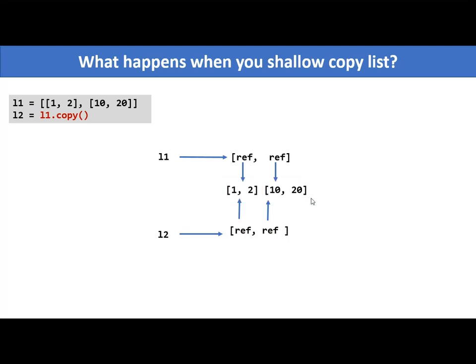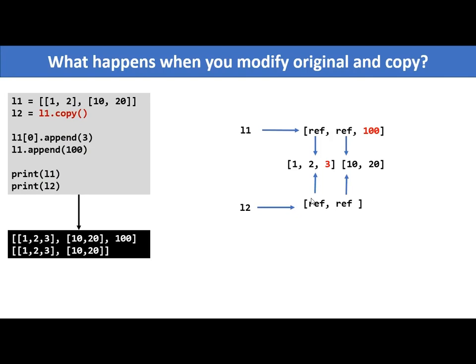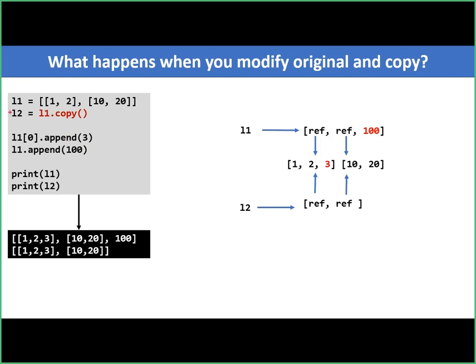When you make a change after making a shallow copy, if you are making changes to L1, the first one, then you are changing that here. And you are making another change here. The nested object is being changed. Now, if you go and look at L2, it is containing a reference to this nested object.